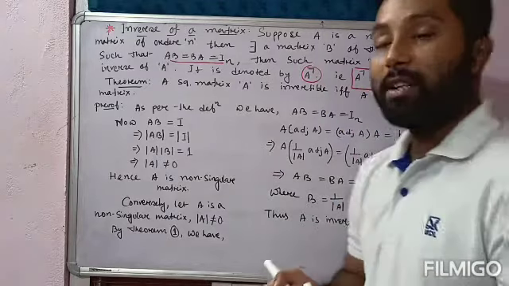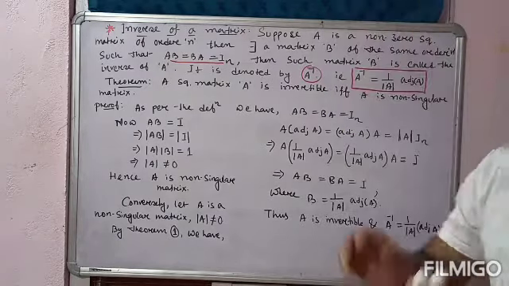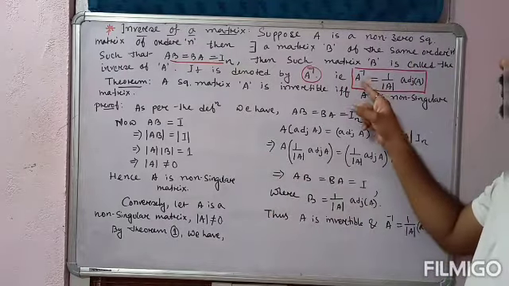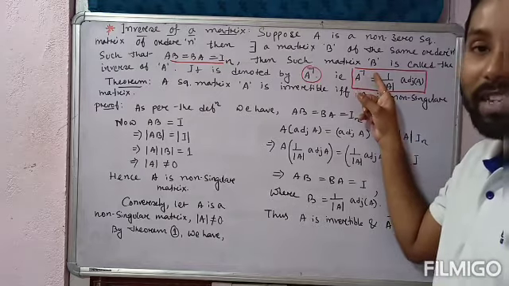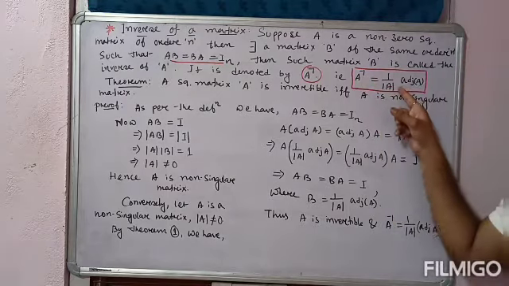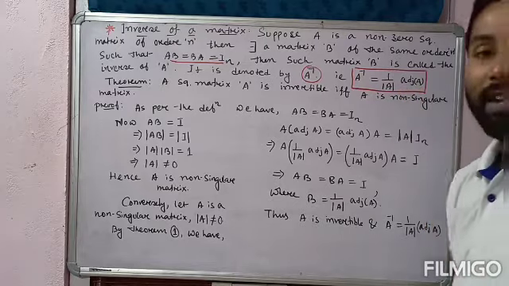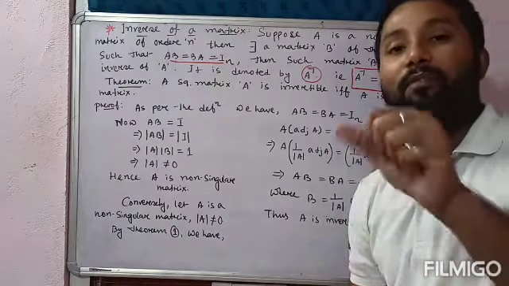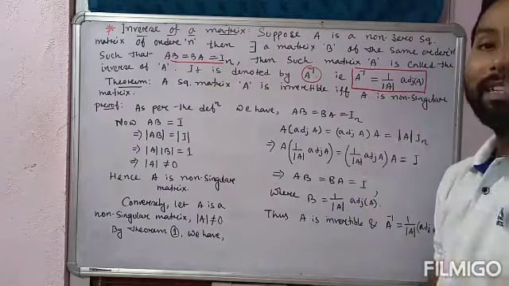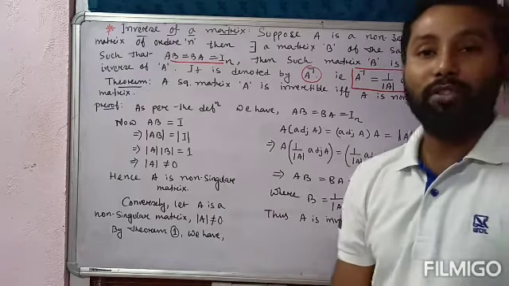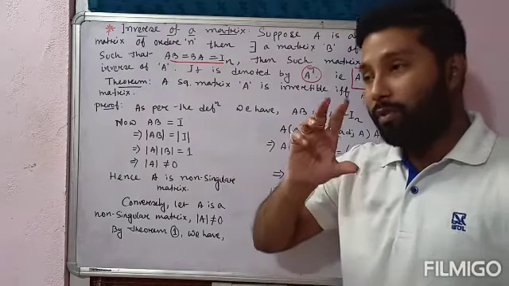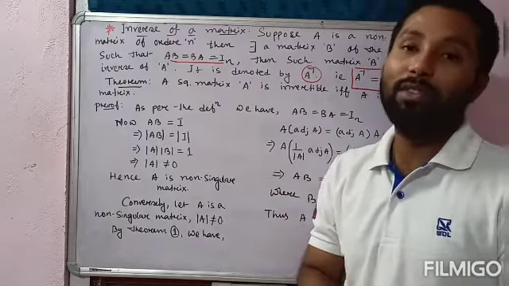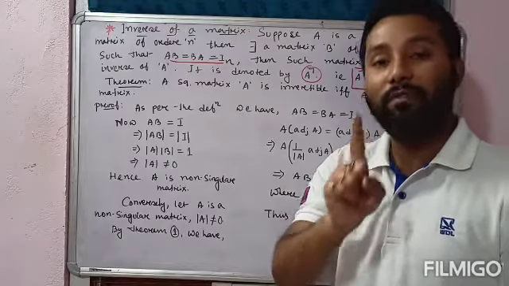Okay, it is denoted by A to the power minus 1, and the formula to calculate the inverse of a matrix is A to the power minus 1, which means A inverse is equal to 1 by determinant of A into adjoint of A. So to find the inverse of a matrix, which formula do we have to apply? This one, 1 by determinant of A into adjoint of A. See, if you know about adjoint of a matrix and singular non-singular matrices, then only we can find the inverse.